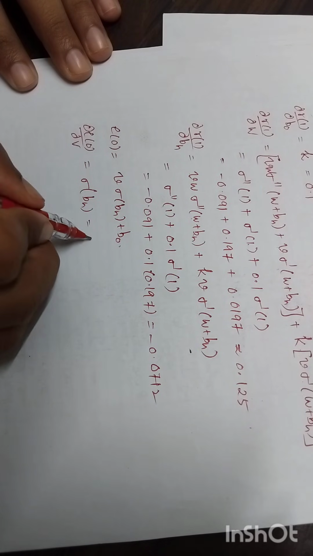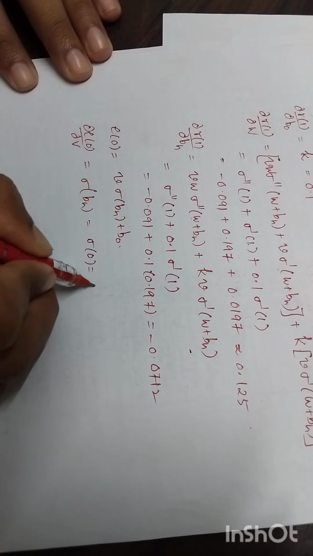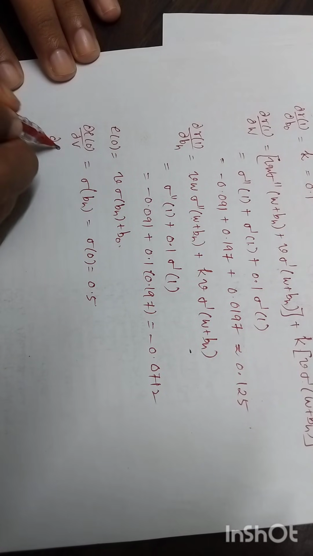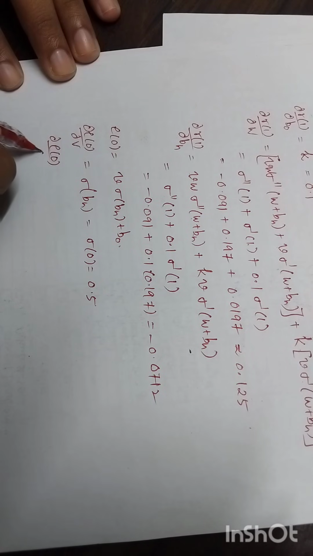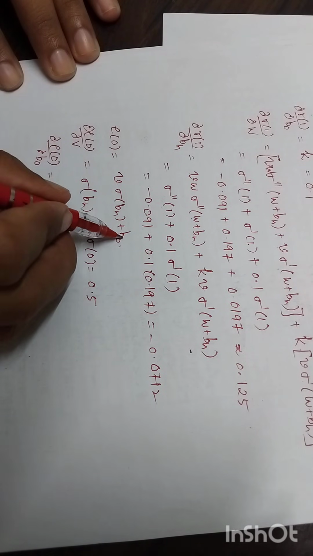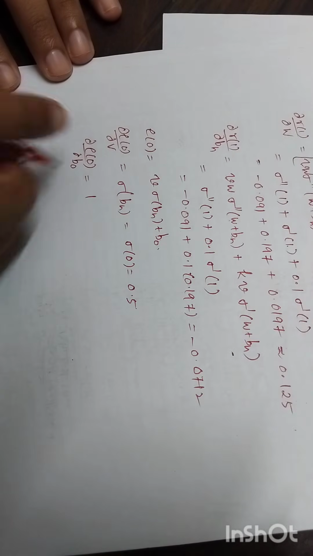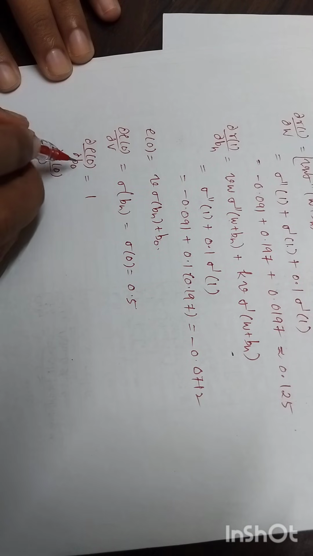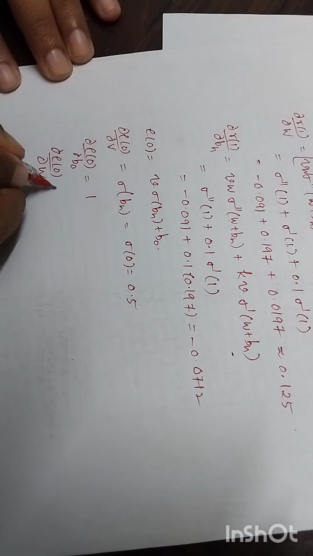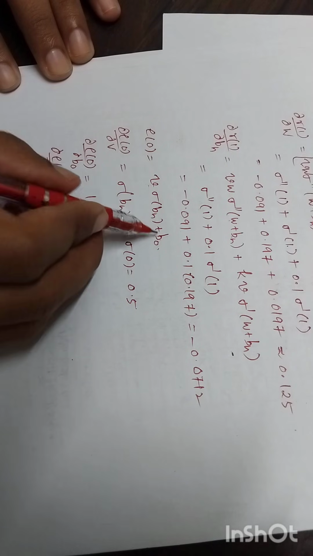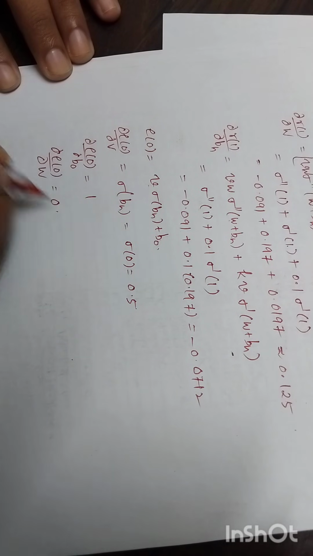It is 0, so sigma of 0 is 0.5. Then ∂e0 with respect to the other parameter, B naught: if you take the derivative of B naught it would be 1, so done. Then ∂e0 with respect to the other parameter, that is W: none of this is a function of W, so the derivative would be 0.